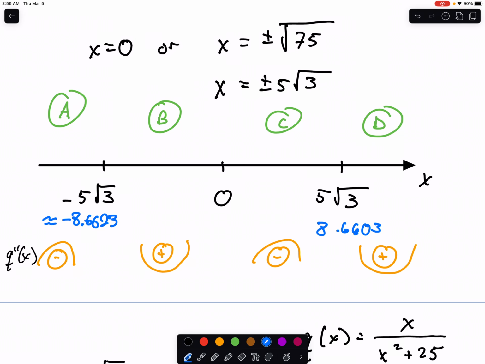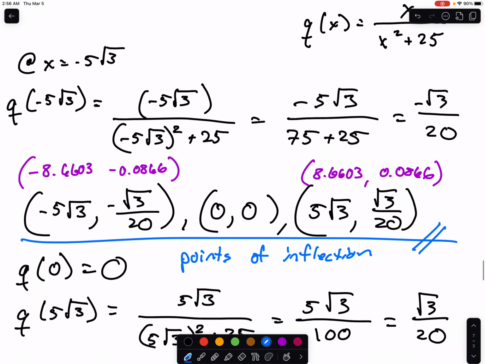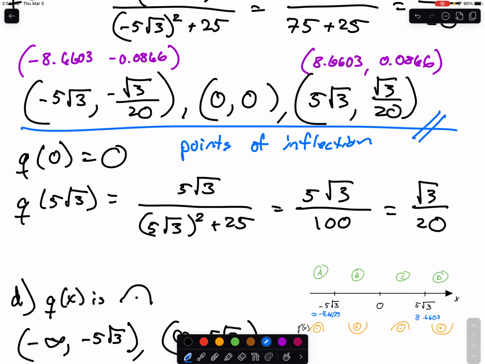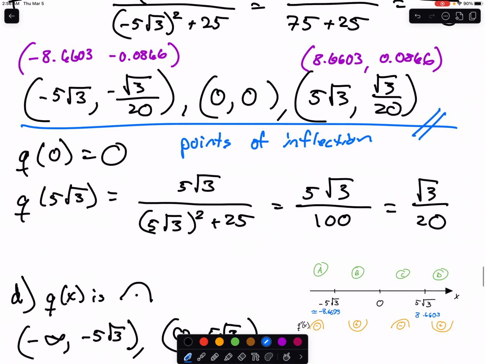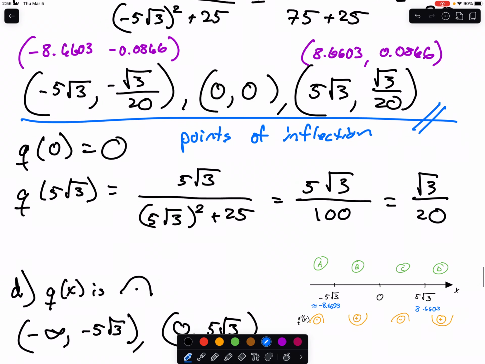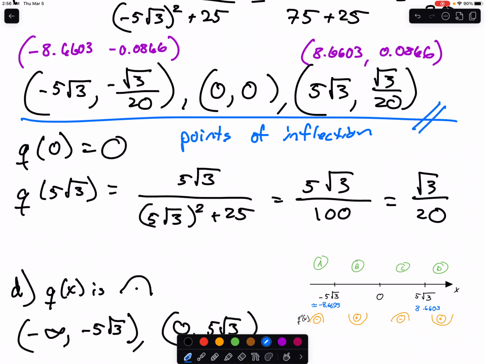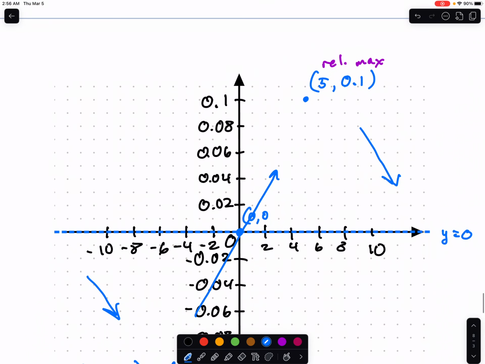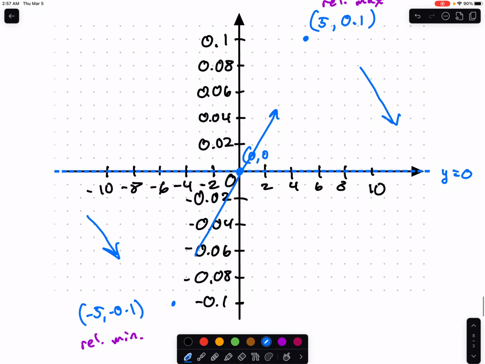From C, where's our conclusion from C? Points of inflection, right? So that -8.66. So it's like -9, -0.085 essentially. So -9, -0.085. So it's about here and here. So we have this.